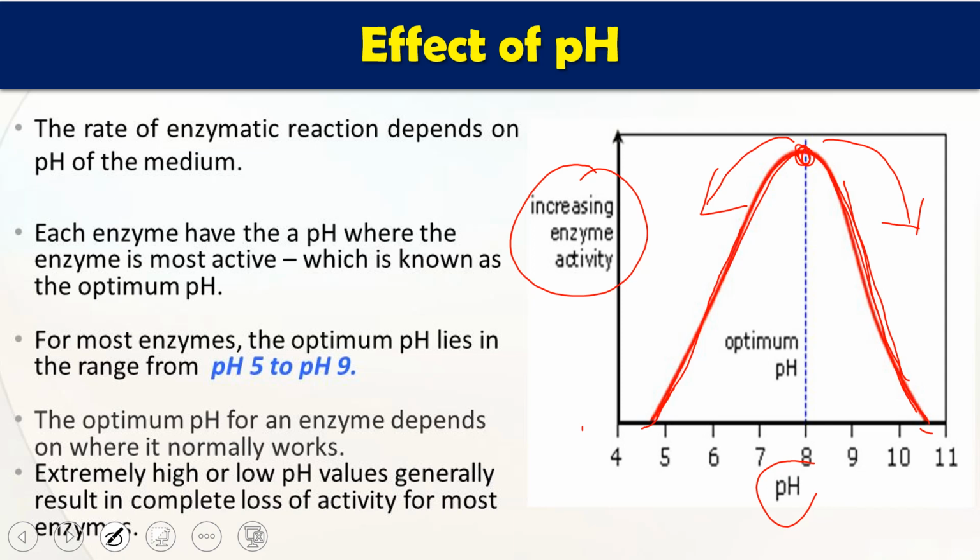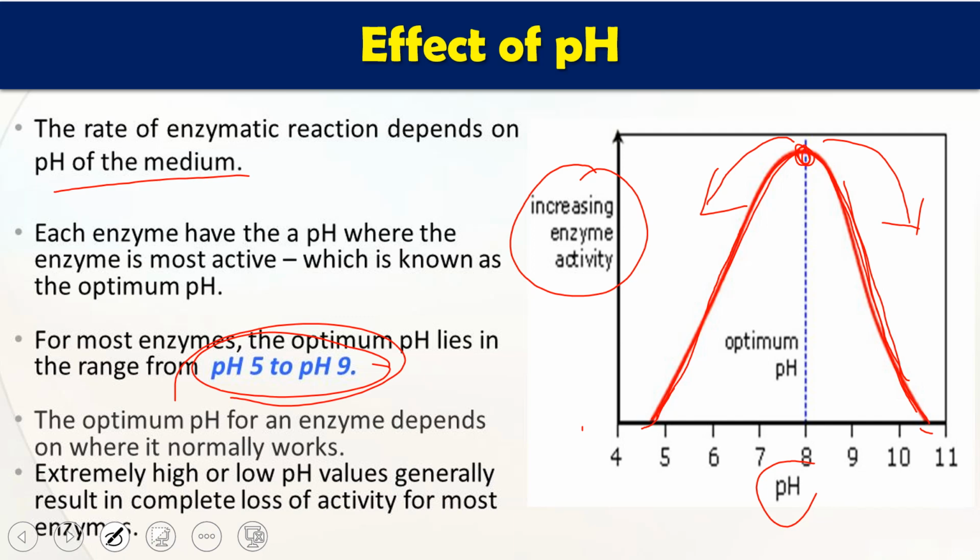So the rate of an enzyme-catalyzed reaction depends on the pH of the medium, because pH decides which conformation the enzyme will be in. That pH is called the optimum pH. Most enzymes in living cells work between pH 5 and pH 9. The optimum pH of an enzyme depends on where it normally works, but it is not necessary that every enzyme works at 5 to 9 only.